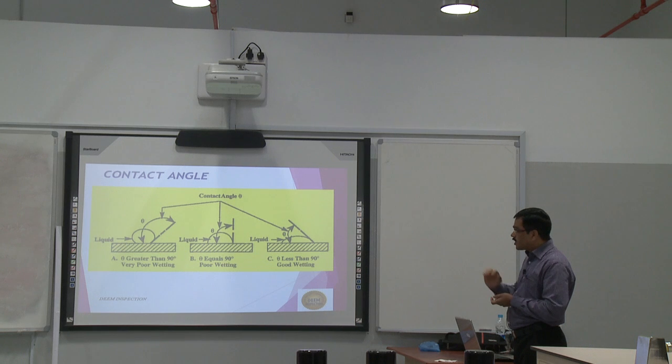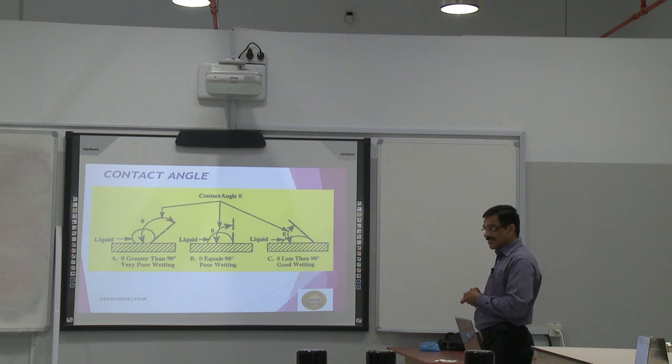If it is less than 90, 60 is okay. Good. The very first figure is 120, the angle. But the same figure from the other side is 60. You mean the opposite side? How are we going to calculate here?